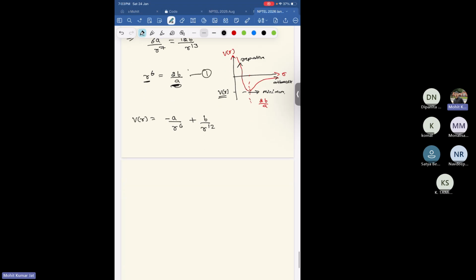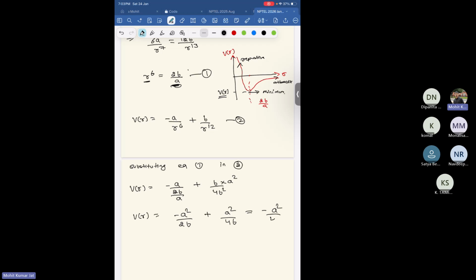Substituting equation 1 into equation 2, what we get is minus A by 2B by A plus B by 4B square times A square. If you just solve it, you will get minus A square by 2B plus A square by 4B, which will give you minus A square by 4B.